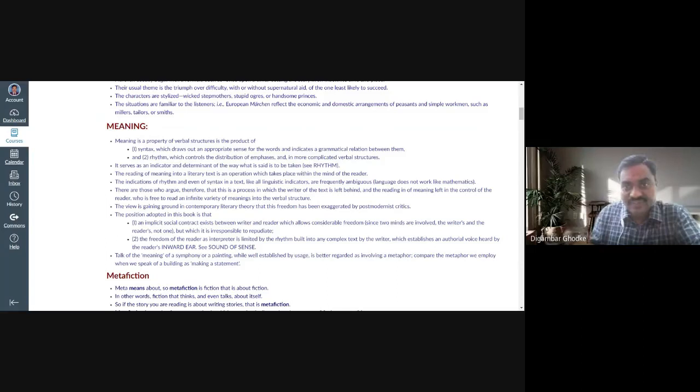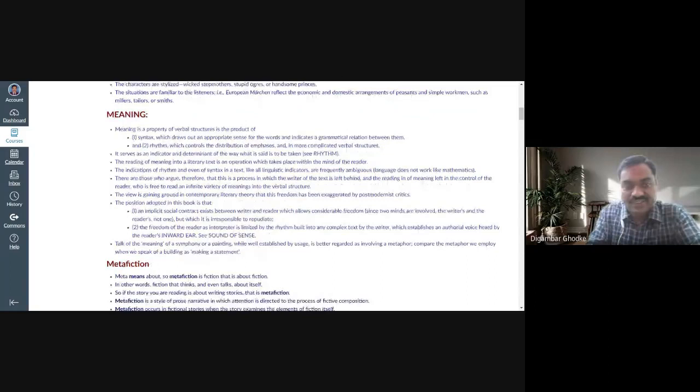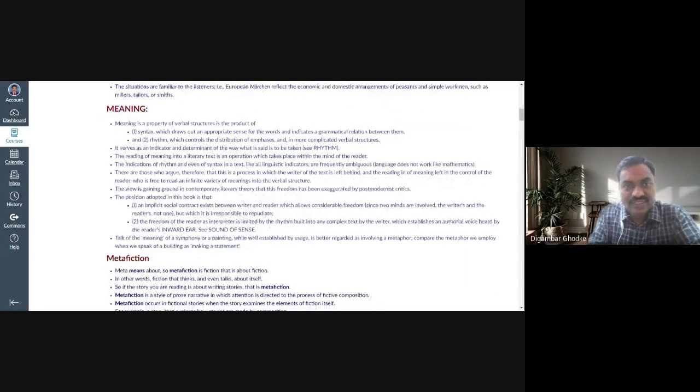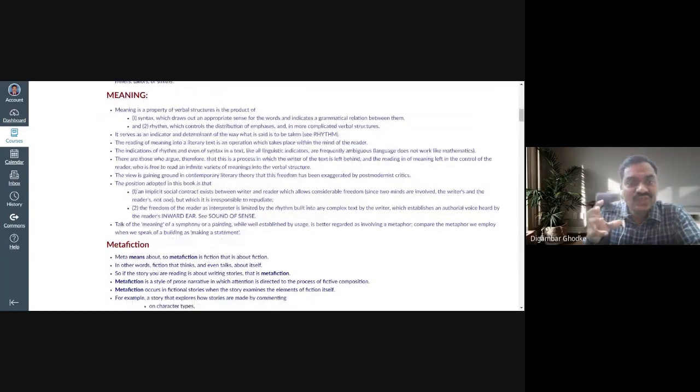This freedom has been exaggerated by postmodernist critics such as Roland Barthes, Stanley Fish and others. The position that they adopt is that an implicit social contract exists between writer and reader, and this contract allows considerable freedom because two minds are involved, the writer's and the reader's, in reading the text.